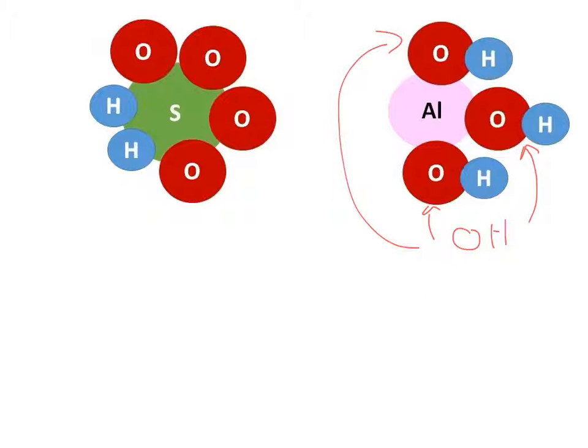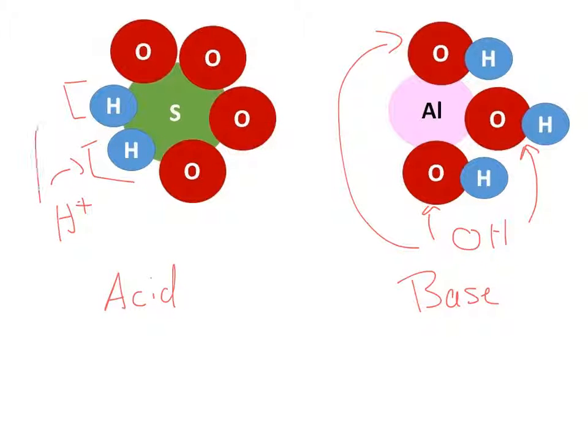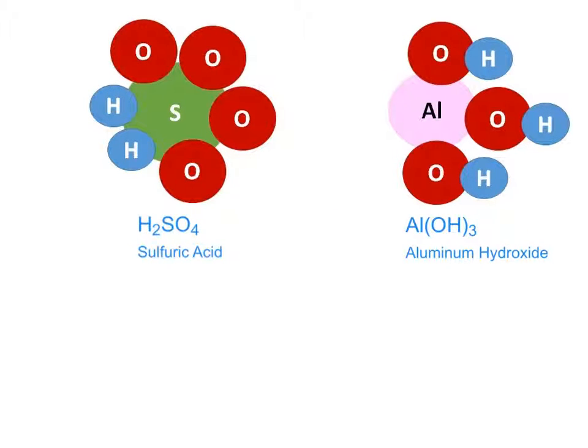And so if this is our base, then by default this has to be our acid. And another indication is that we know our hydrogens are pretty much by themselves. So we actually have 2 hydrogens, one here and one here. So the acid that we have in this case is sulfuric acid, and the base that we have in this case is aluminum hydroxide.